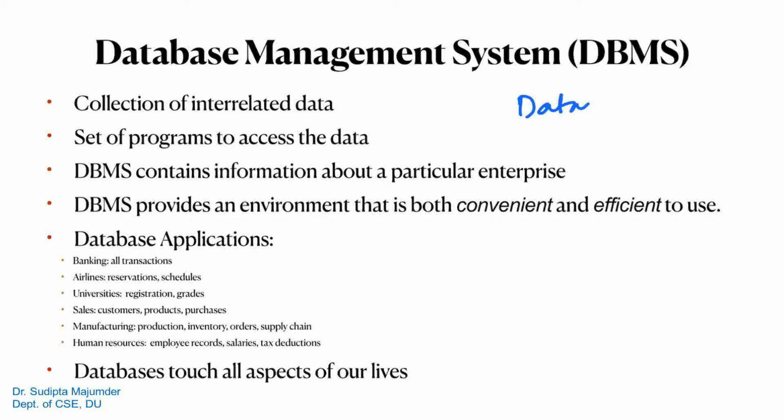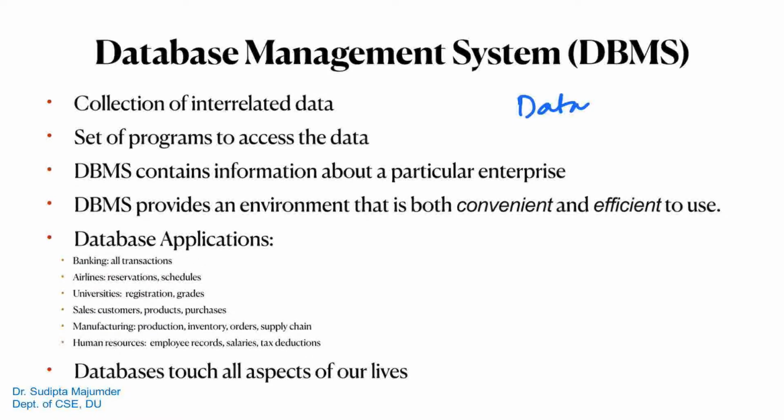Database is a collection of interrelated data. Obviously, if the data are not related, they cannot be stored. Of course, they can be stored in the database, but they won't have any meaning. So the data which are stored in a database are interrelated.